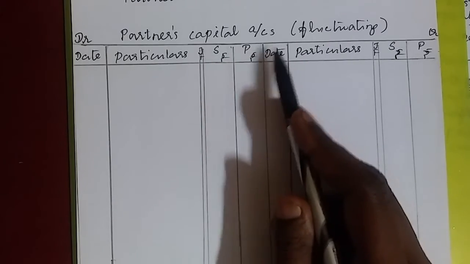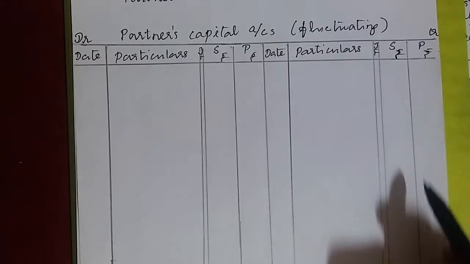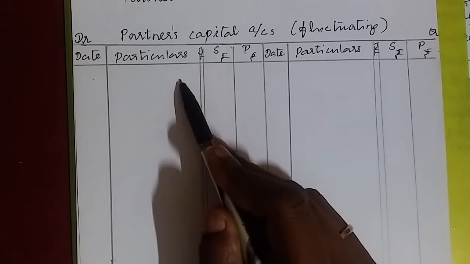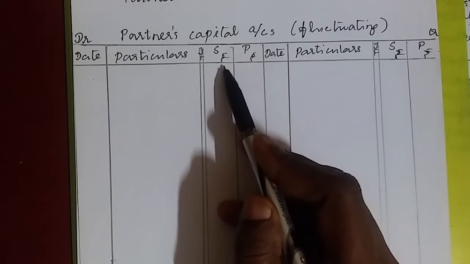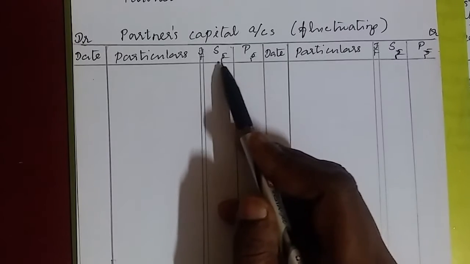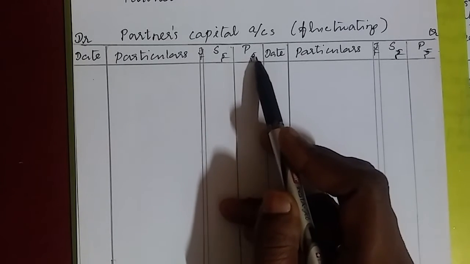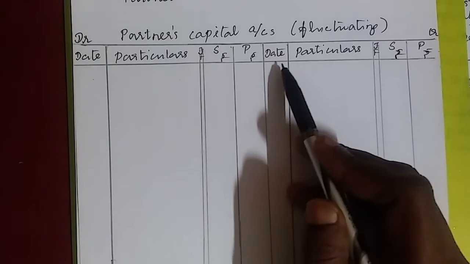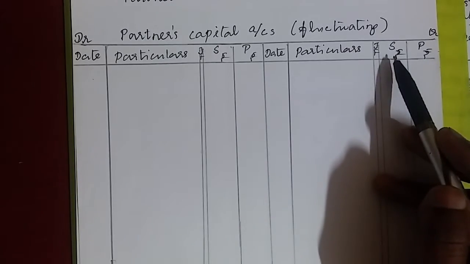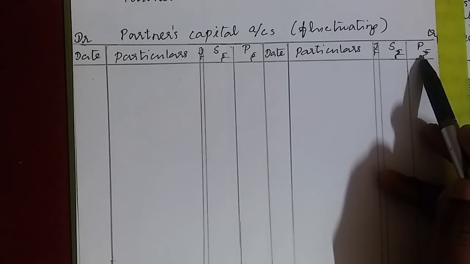The partners' capital account. Do you remember the table? Date, particulars, JF, Sachin, Pratham. Here in the partners' capital account we have to create columns for the partners, which we did not create in the P&L appropriation account because it was in the form of a single column. Date, particulars, JF, Sachin and Pratham.